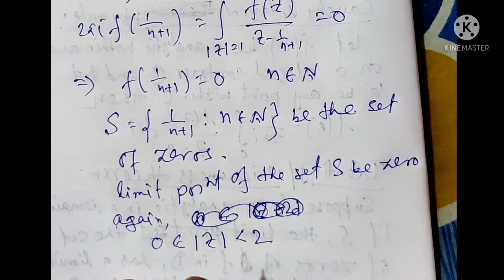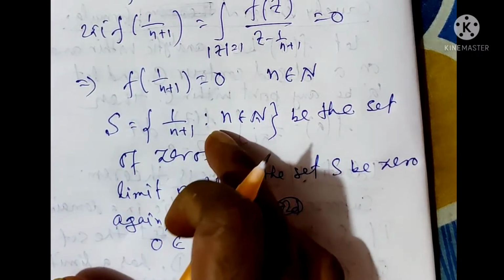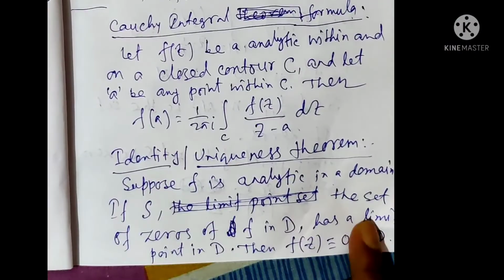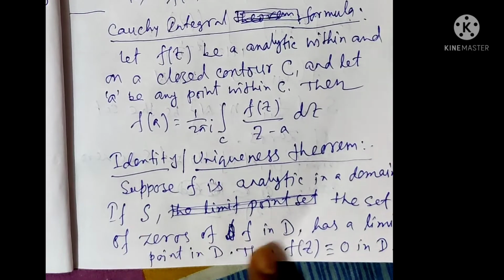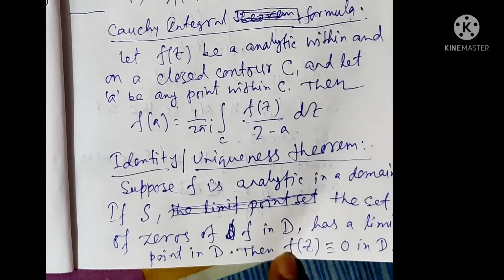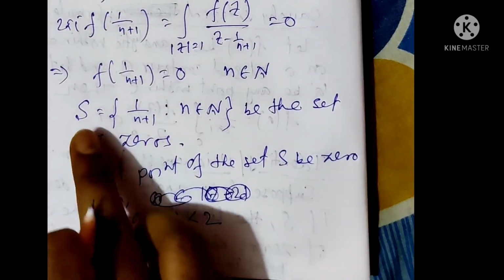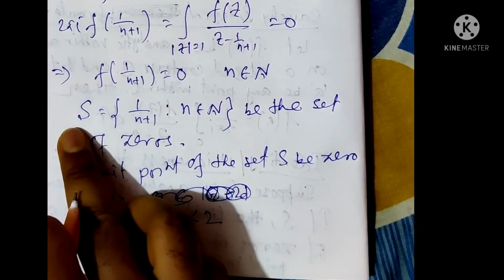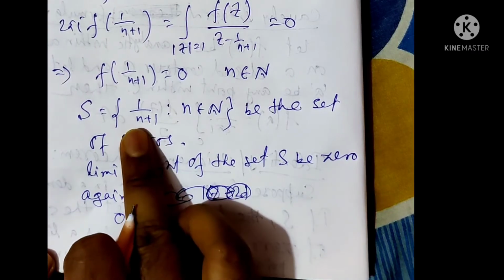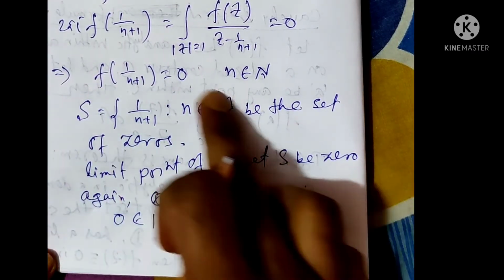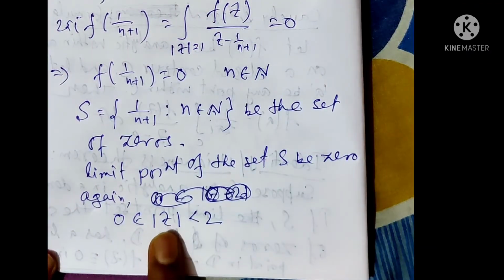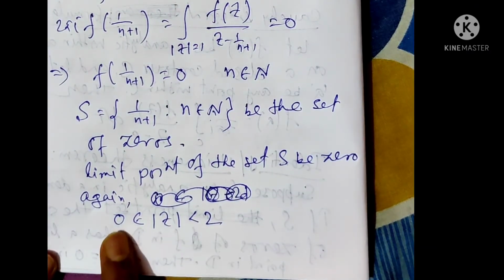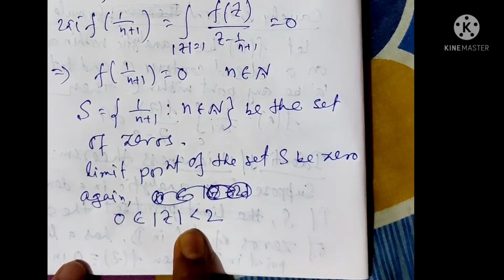Then by the identity theorem, what is the identity theorem? Suppose f is analytic in a domain D. If the set of zeros of f in D has a limit point in D, then f(z) is identically 0 in D. Here the point is that 1 upon n+1 is the set and 0 is the limit point of this set, and f(z) is analytic in |z| < 2 and 0 belongs to that domain.